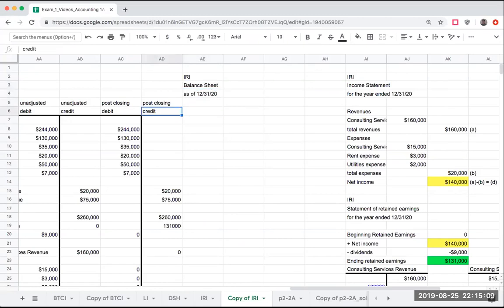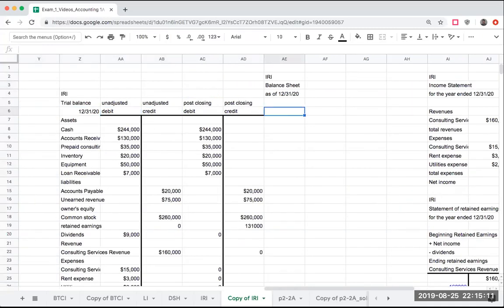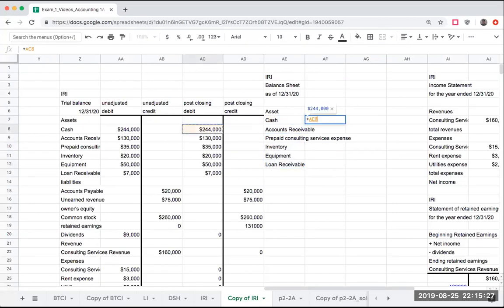And if I've set up my trial balance like this, it's going to be relatively easy for me to do. Because if I've got my assets, liabilities, and equity, I can essentially just go through here and copy these over. Obviously, it'd be a lot nicer if you had a Google sheet or an Excel sheet for your test, but unfortunately, we're not quite there yet.